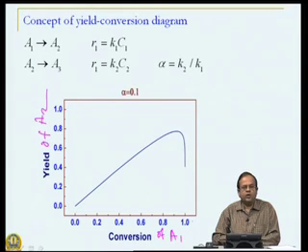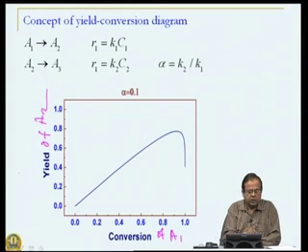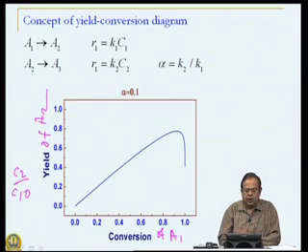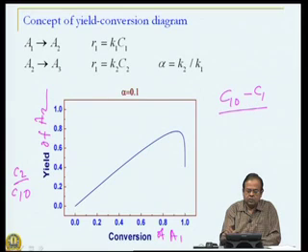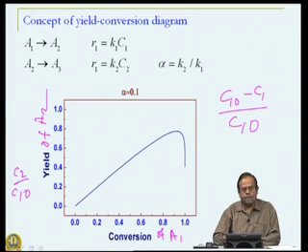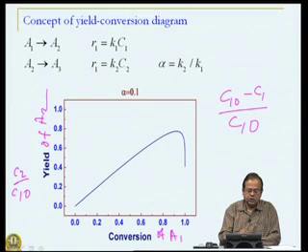How do we define yield? Suppose we are doing a batch reaction, this is nothing but C2 by C10, and how do we define conversion? We had done this earlier. We have defined conversion as C10 minus C1 divided by C10. So, we are looking at these two behaviors, and what do we see here? As conversion is increasing, the yield is also increasing.